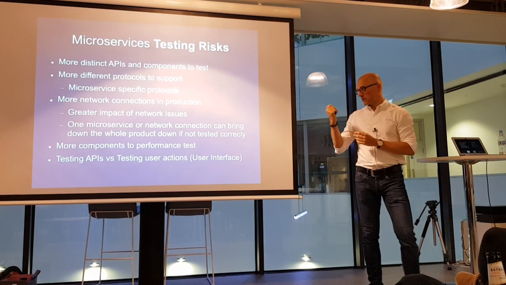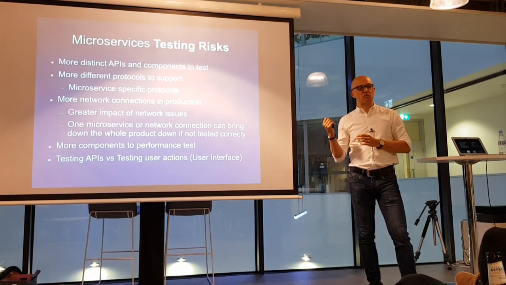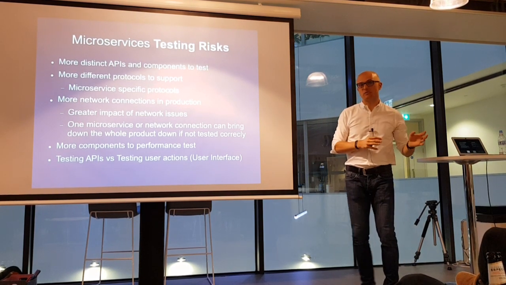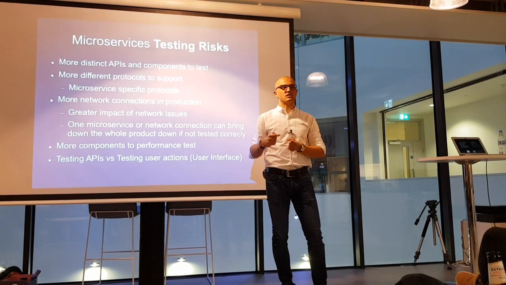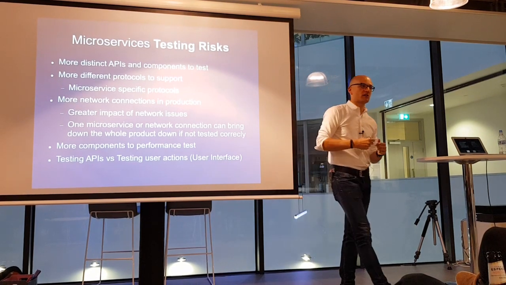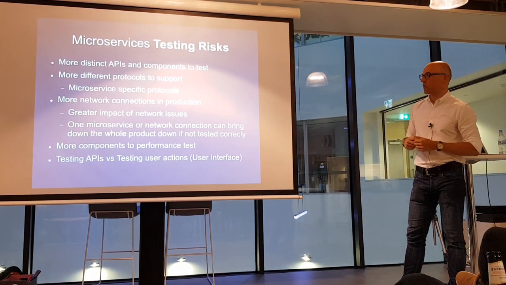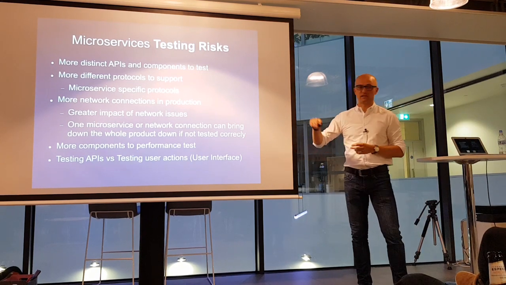In the microservice world, sometimes that might not be possible. You're going to have to switch the mode of testing from what the user does to what the applications do between each other. And probably that's one of the bigger risks on this list.